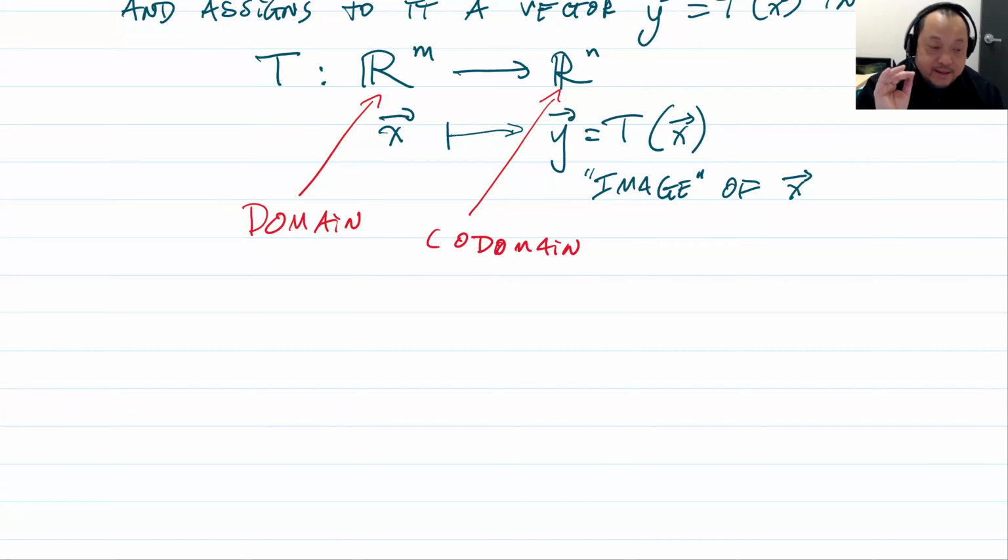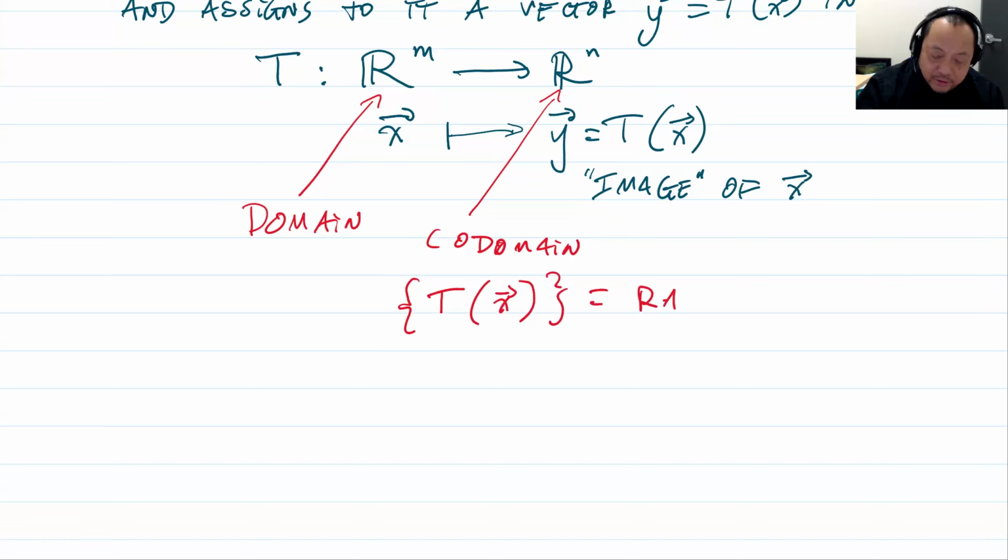It's not the range yet. The range is this: the set of all the images, the set of all the T of x, that's the range. Let me show you the difference by using an example from regular algebra.